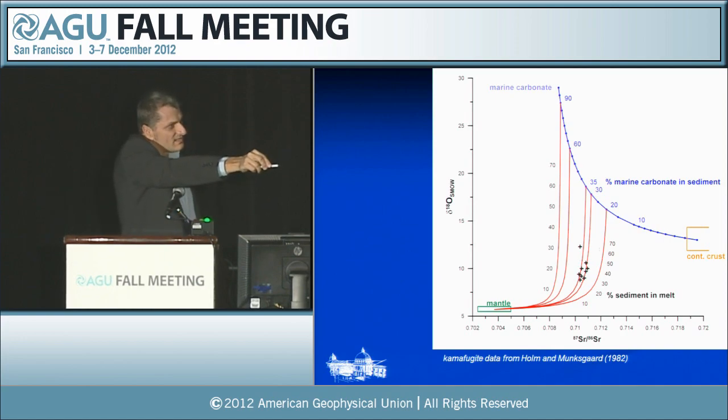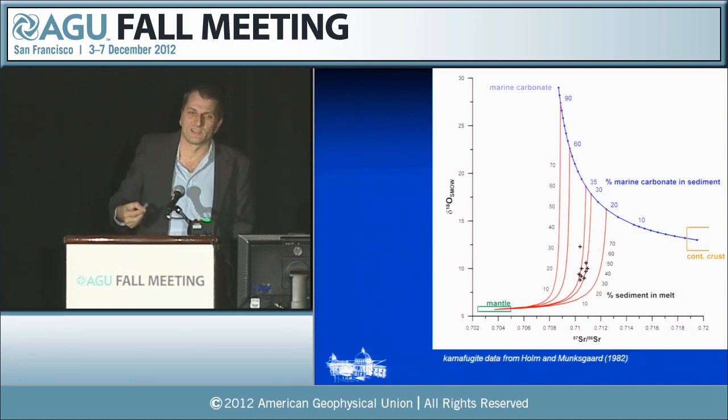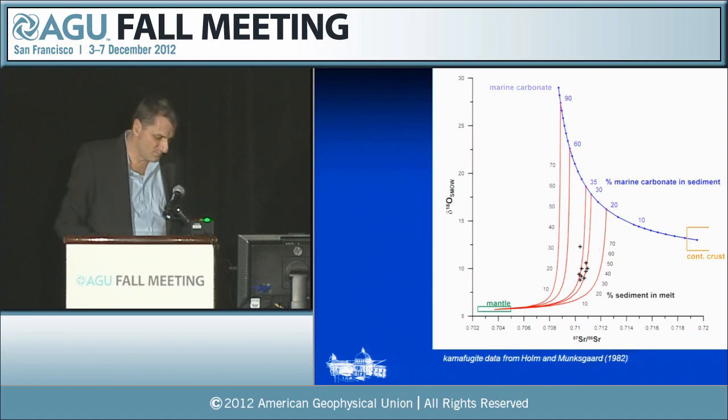Down there is the mantle, and you see here are these kamafugites I'm talking about, the data from Holm and Munksgaard. And you see they are on a nice mixing line of a marl, which has about 1/3 carbonate, and the mantle. And the argument was made, these carbonates are in the Apennine crust and are assimilated. This is almost certainly wrong.